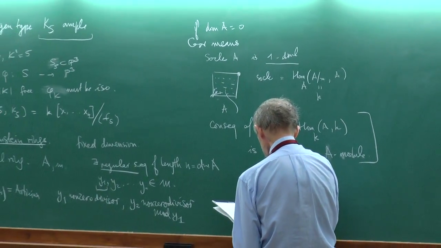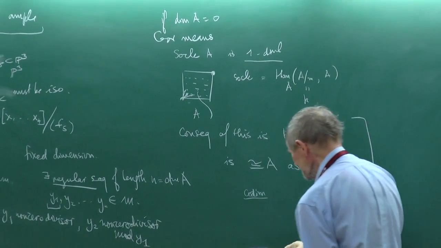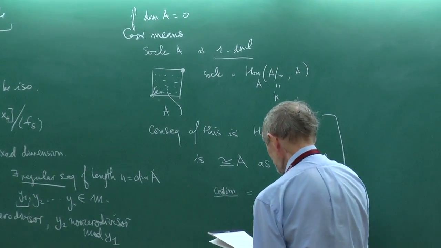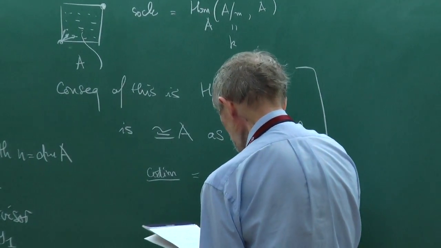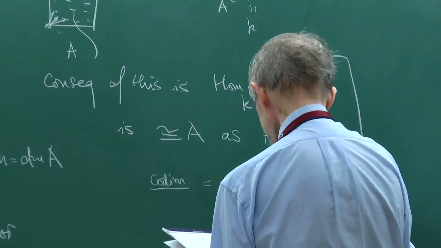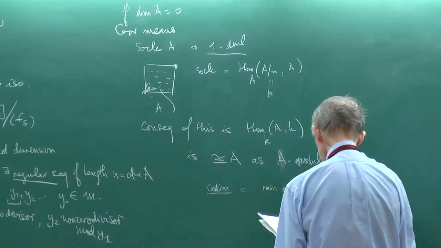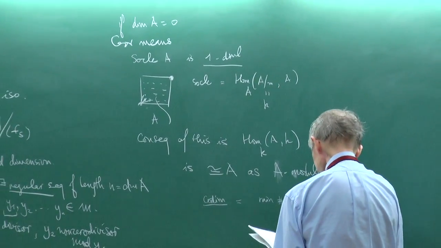Let me say codimension. Codimension means the minimum number of generators of A minus the dimension.